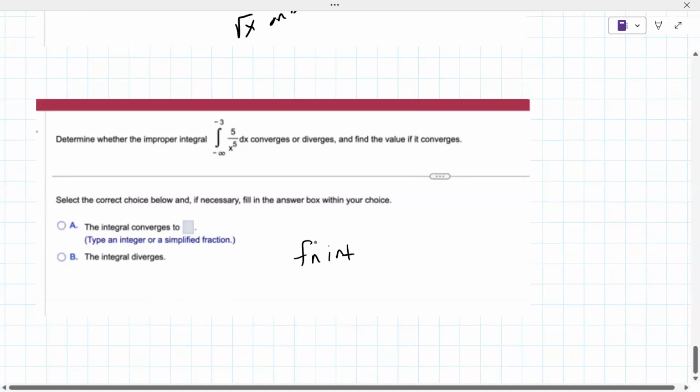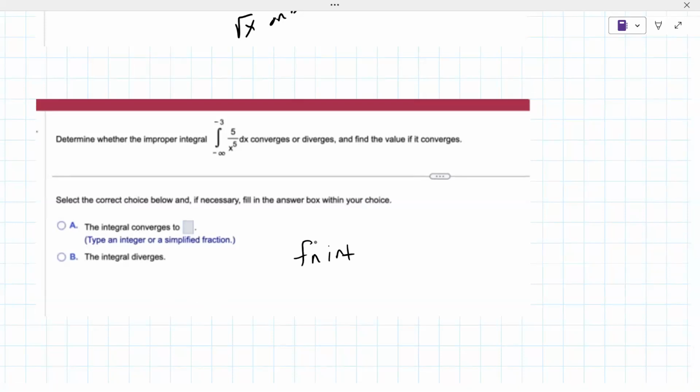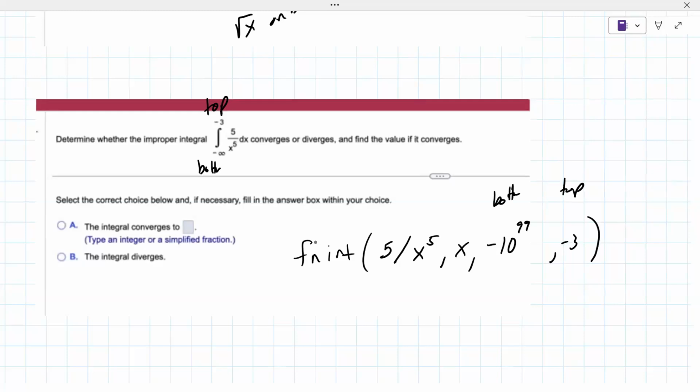This one's going to be harder for you to know. It's the same as the previous one, but you would do 5/x to the fifth, comma x, comma. Normally you would put in -10 to the 99, comma, -3. It's always the bottom limit first, then the top. But because we know your calculator is going to say overflow, maybe go -10,000.